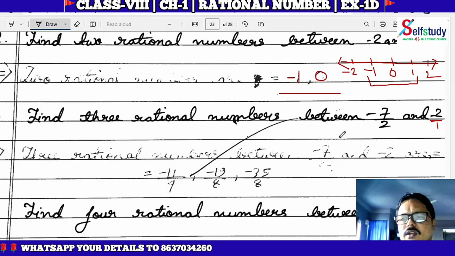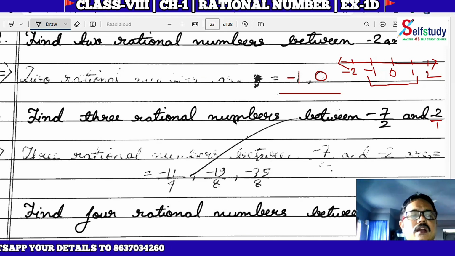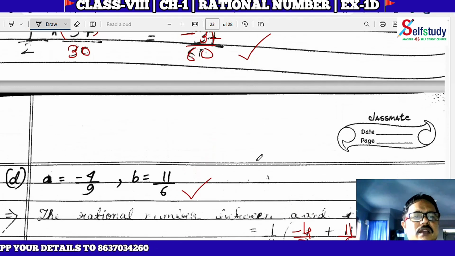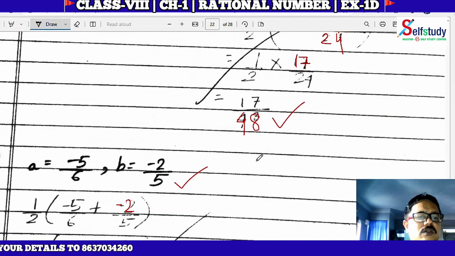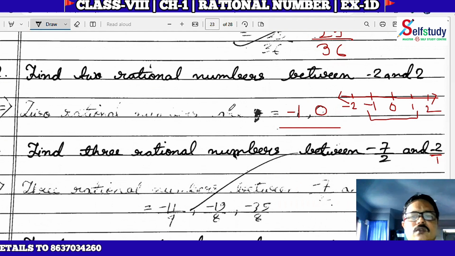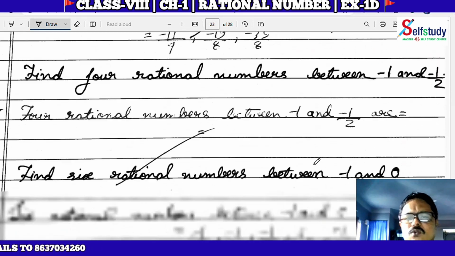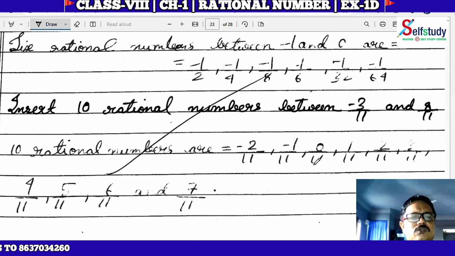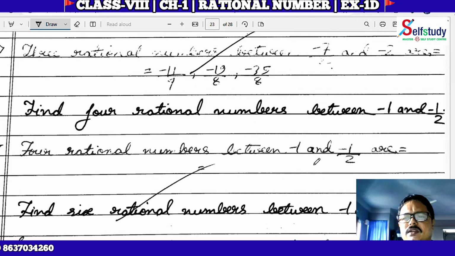And what is that working? You have to make their denominators same. Okay, and let me check whether any method is mentioned here or not, or simply find the rational number. Find two rational numbers between. Okay, so no method is there, so you can use any one of the methods in this.